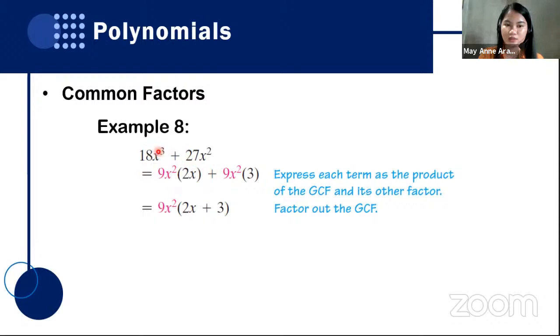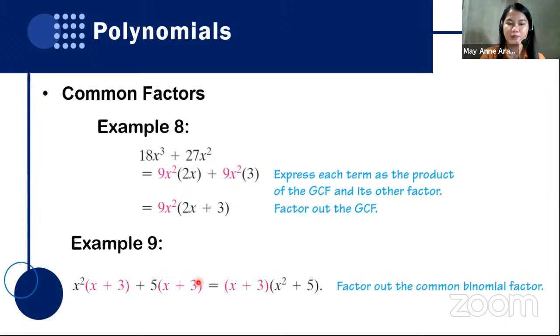May checking naman to kasi pwede nyo siya ibalik dun sa kanyang naka-multiply na form. And for 27, we have 27x squared divided by 9x squared is 3. Therefore, the factored form of this expression is 9x squared times the quantity of 2x plus 3. Basta ilalabas nyo lang yung common factor.